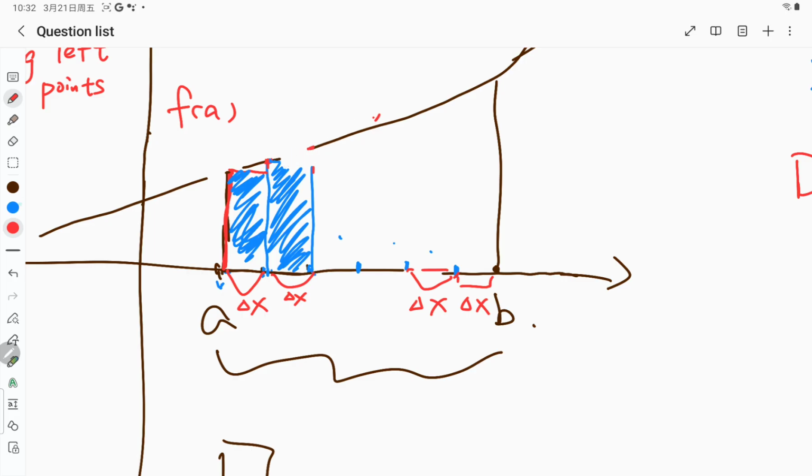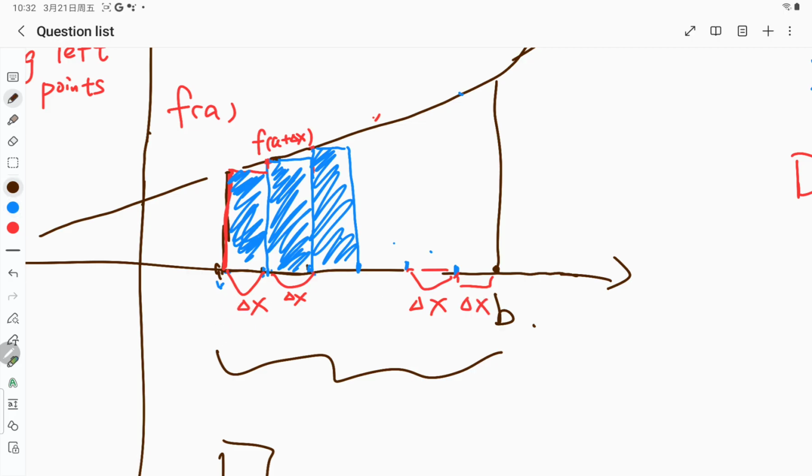Okay, so far we finished the second one, and then we just keep iterating this process. It's like an algorithm, right? We just keep drawing these rectangles until we use all of the subintervals of our domain a and b.